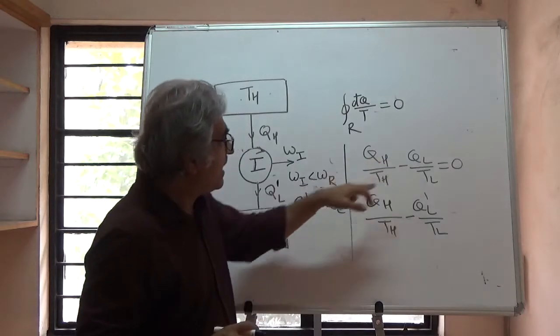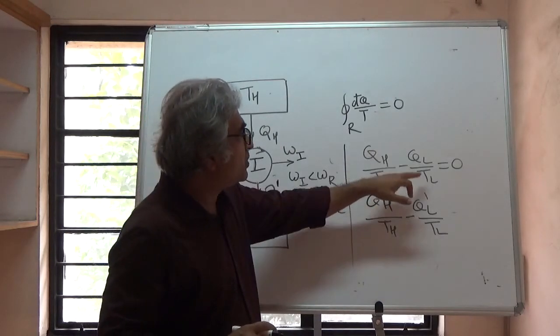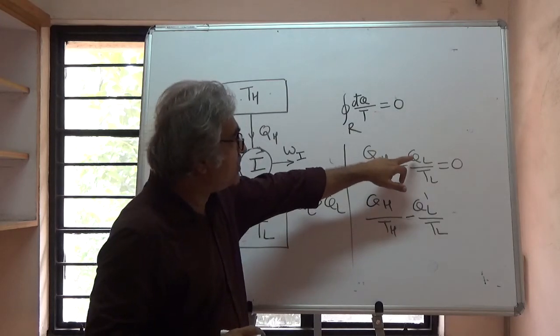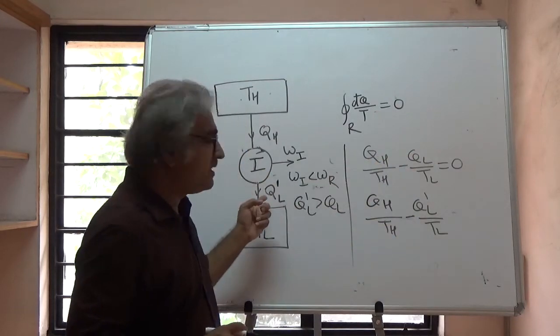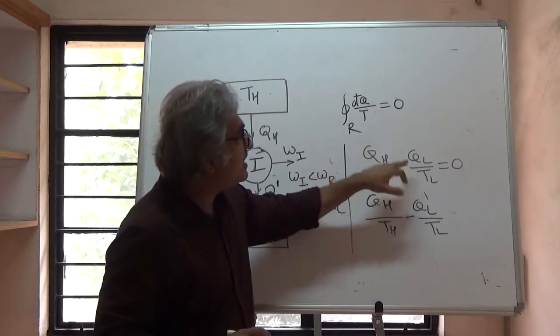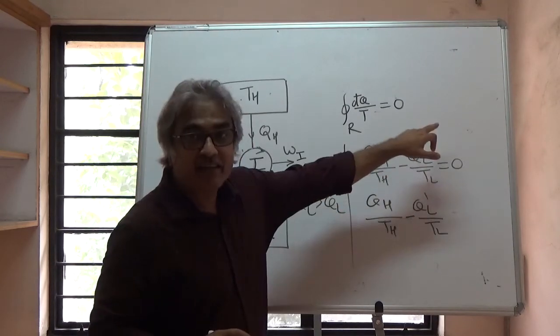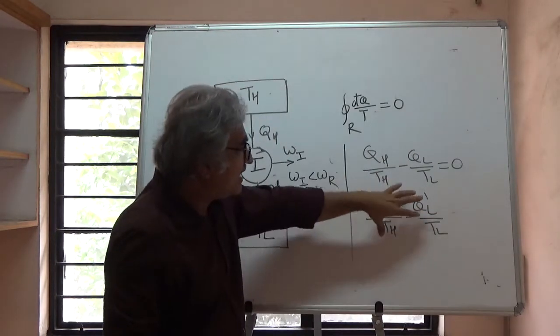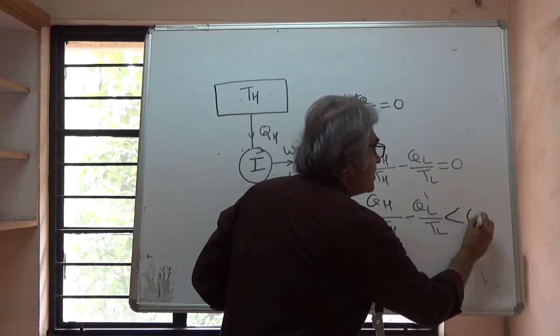Now see here, QH upon TH minus QL upon TL is equal to 0. Now if in place of QL for the irreversible engine you consider QL dash, that means this term is more than QL. If this term is more than QL, obviously this expression will be less than 0.